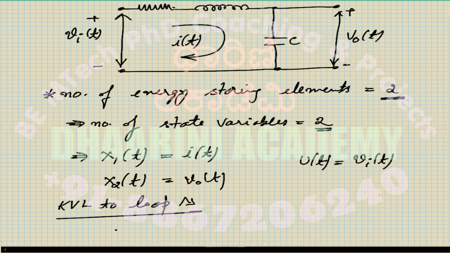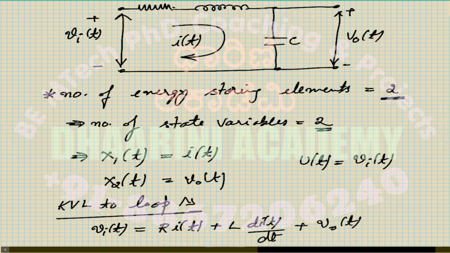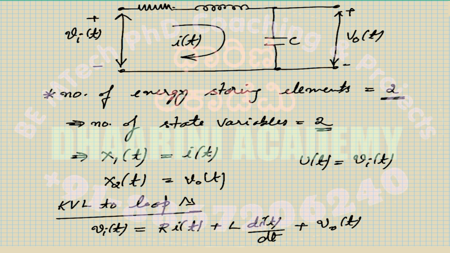Input voltage is equal to the voltage across each of the devices. So Vi of t is equal to R into I of t, the voltage across the resistor, plus the voltage across the inductor, which is L times di of t by dt, plus the voltage across the capacitor, V naught of t. Are you fine with that?